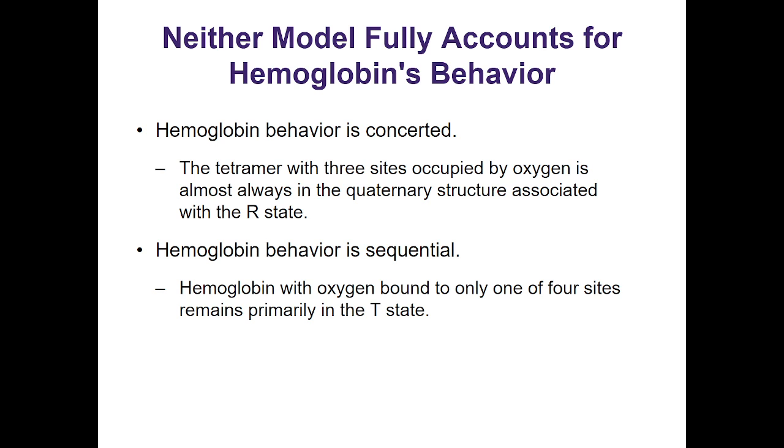And so when we look at this, it looks very R state. The hemoglobin is sequential though, because the hemoglobin with oxygen bound to only 1 of 4 sites actually remains primarily in the T state, and so we don't actually get a shift over into the R state.